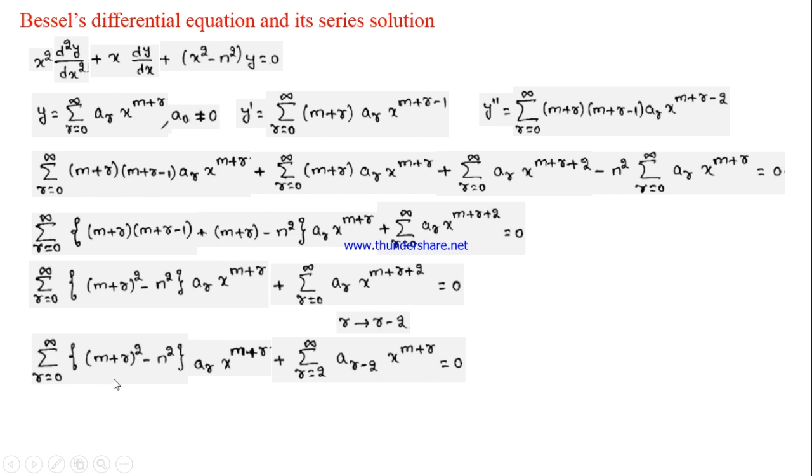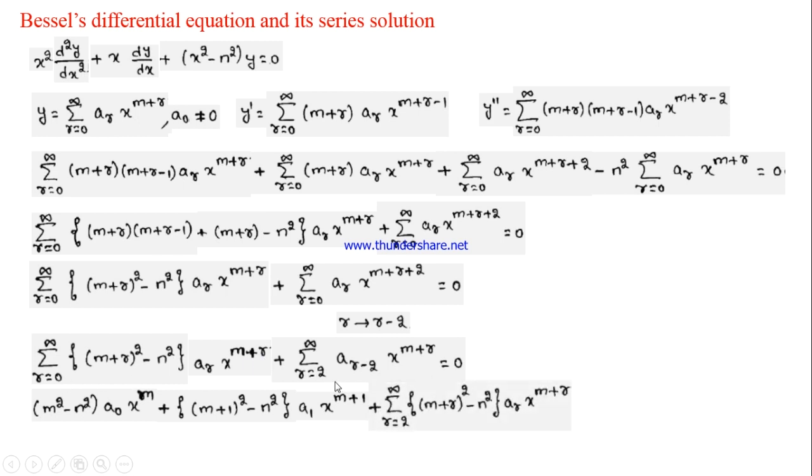If I put r equal to 0 in it, that gives m square minus n square a naught x power m. And put r equal to 1, that gives m plus 1 whole square minus n square a1 x power m plus 1. And from 2 onwards, we will just keep the summation as it is.